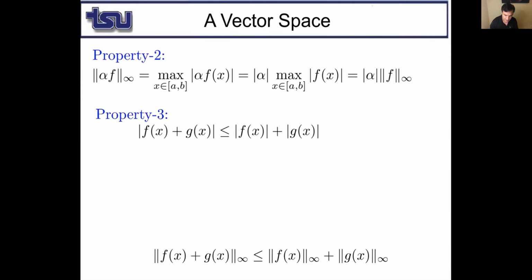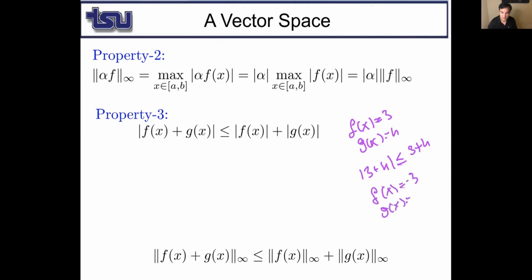For example, if f(x) is 3 and g(x) is 4, we know 3 plus 4 is less than or equal to 3 plus 4. But if f(x) is -3 and g(x) is 4, we know that -3 plus 4 is less than or equal to 3 plus 4. So that's clear if you fix x.